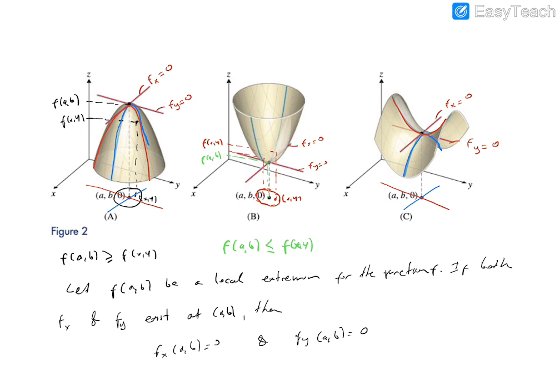But like the single variable functions, the converse of this theorem is not correct, okay? I mean, if all partial derivatives are 0, it may not be a local maximum or local minimum. It can be a saddle point, as you see from here.